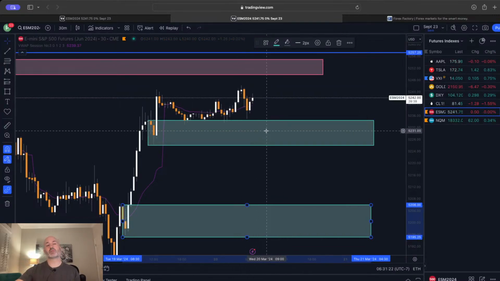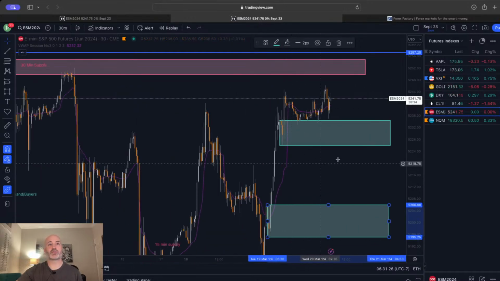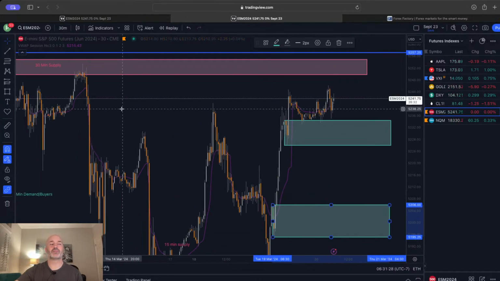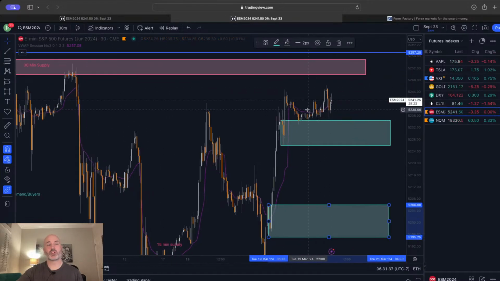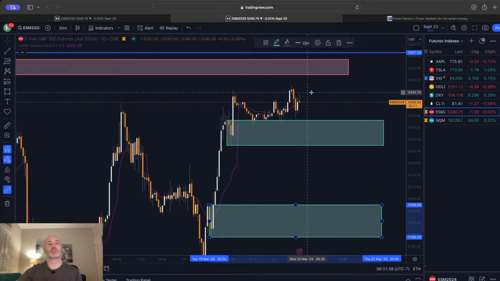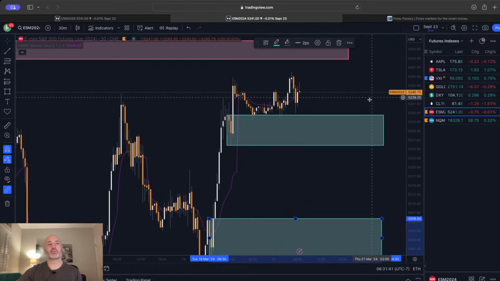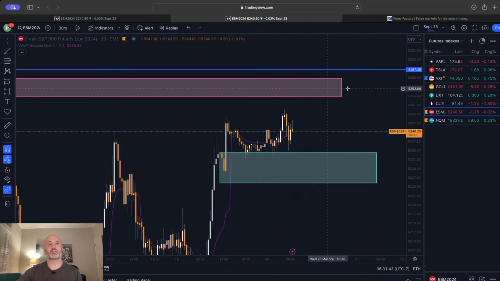If buyers step in, then I'm going to take it all the way up to this sell resistance, supply zone, oversupply, basically where sellers started stepping in and taking a strong move back down. So that's where I am going to be looking to go.